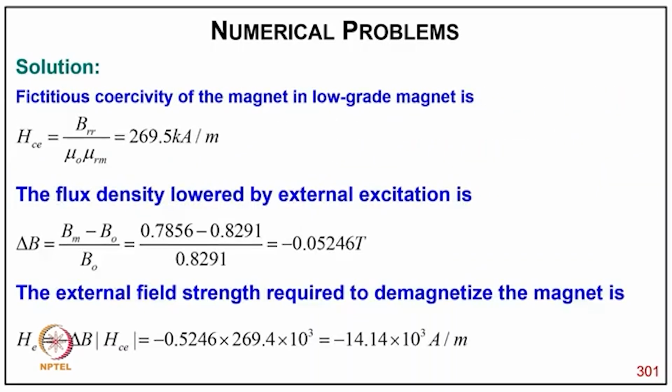Now, the fictitious coercivity of the magnet is Hc equal to Brr upon mu 0 mu Rm, that comes to 65.5 kiloampere per meter, and the flux density lowered by external excitation is delta B equal to Bm minus B0 divided by B0, and putting value it comes minus 0.05246 Tesla. The external field strength required to demagnetize the magnet is H equal to minus delta B into Hc, and putting value it comes minus 14.14 into 10 power 3 ampere per meter.